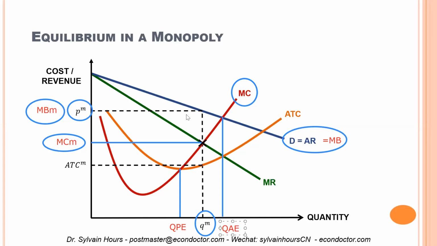So the deadweight loss is always going to be somewhere in this range, between these two levels of output, and between the marginal benefit of consumption and the marginal cost of production. So between the red curve and the blue line.